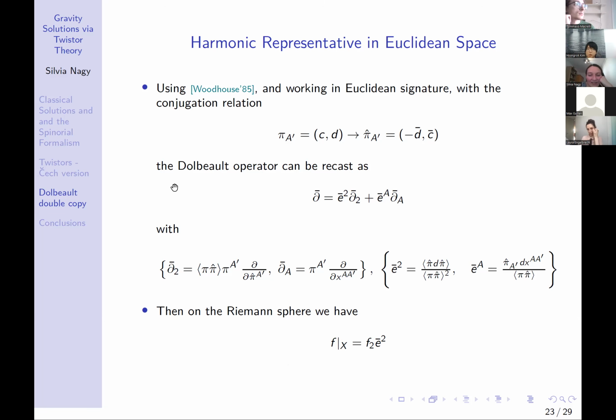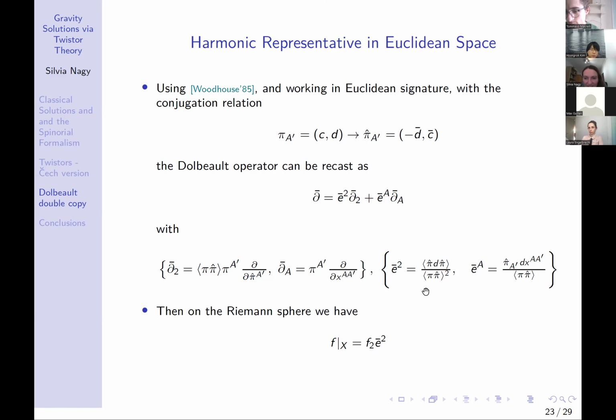And it turns out that in this formulation, the Dolbeault operator partial bar, which remember was z bar partial z bar, can be written in terms of this specific basis built from these pi's and pi hats. And the nice thing is that when I restrict to the Riemann sphere to do my Penrose transform, only the first term in the expansion, only E2, survives.